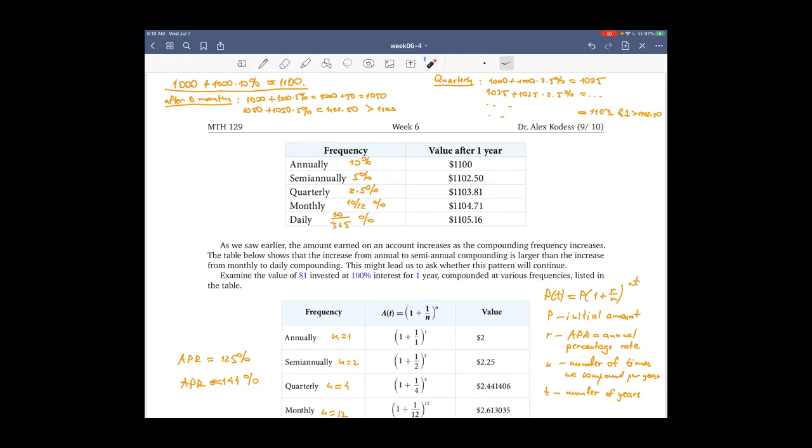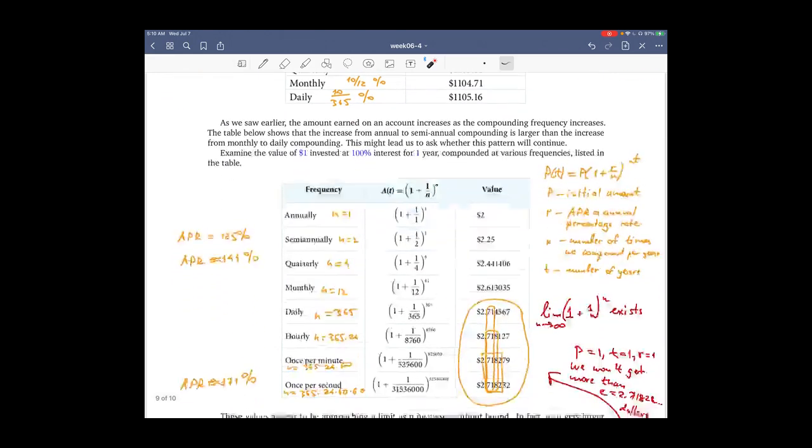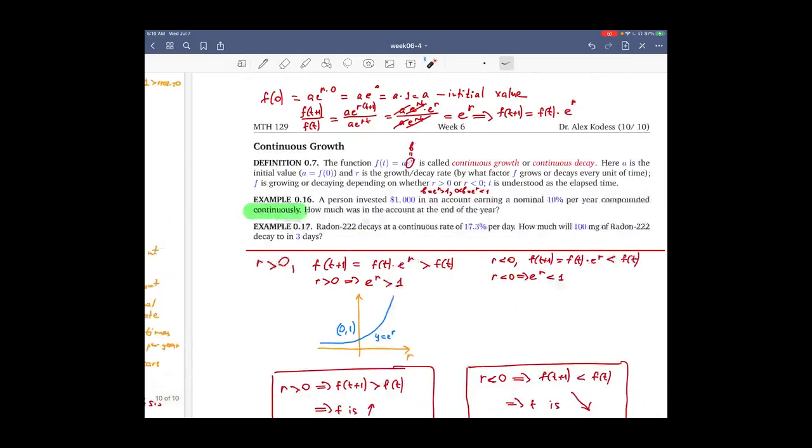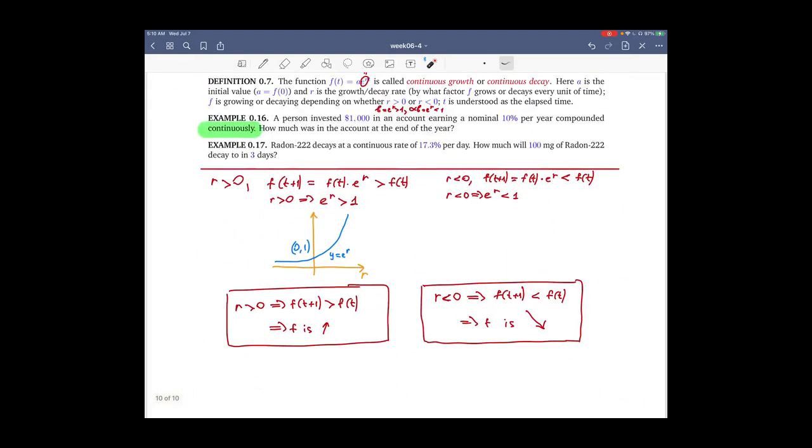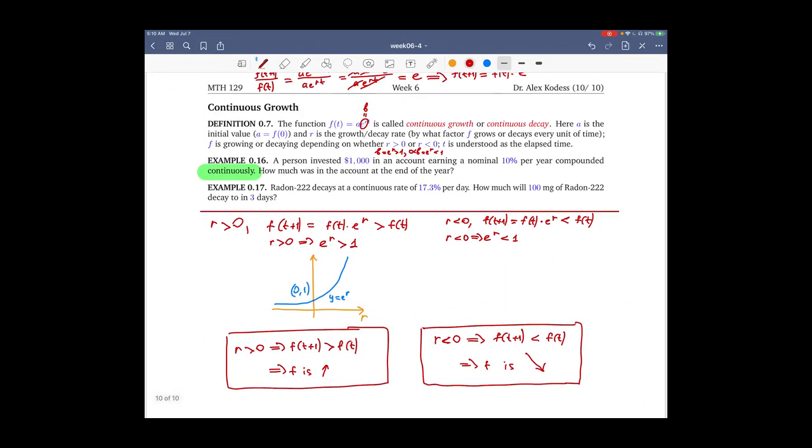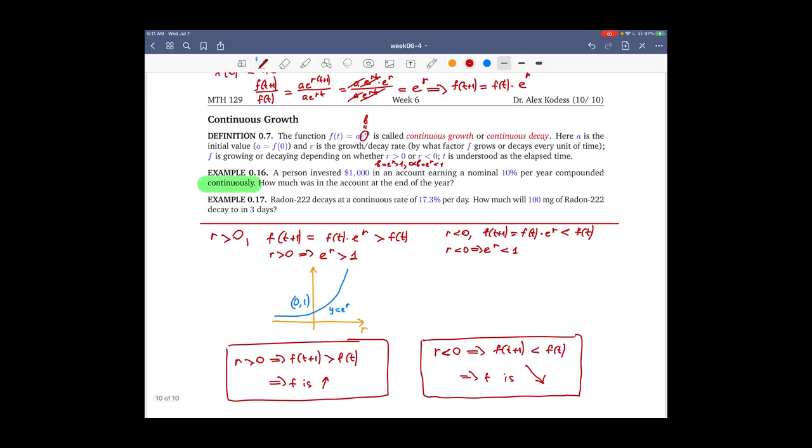But if we compute with continuous compounding, we're going to have the formula P at t equals 1,000, the initial amount, times e to the power 0.1 times t.